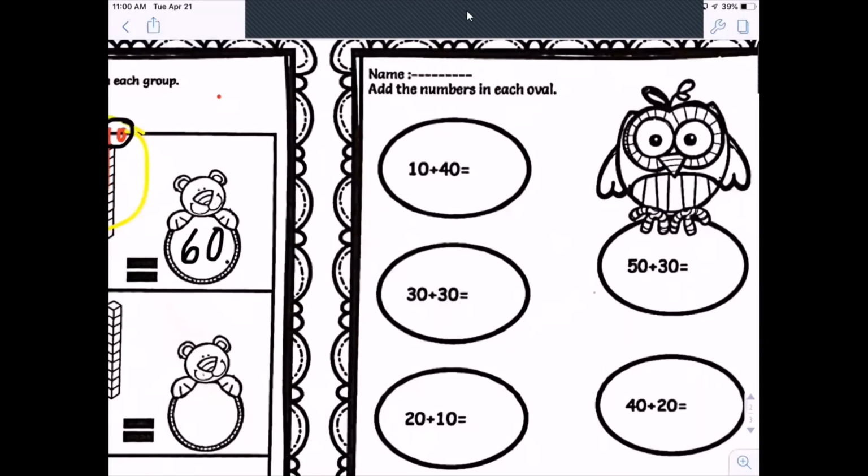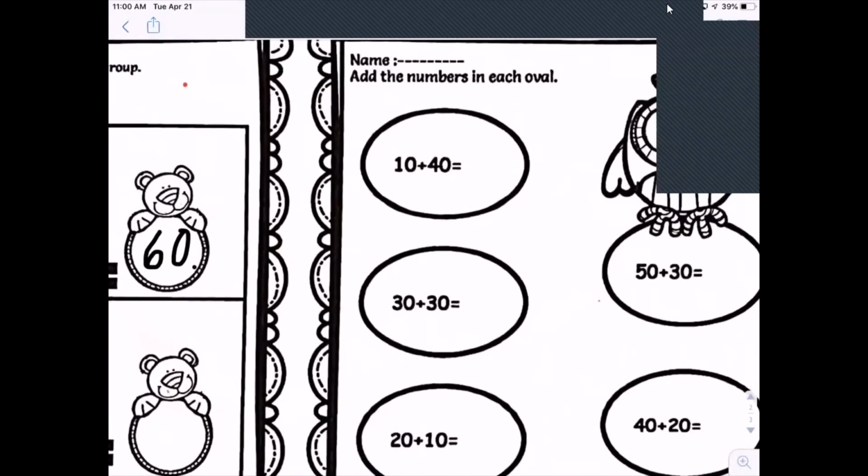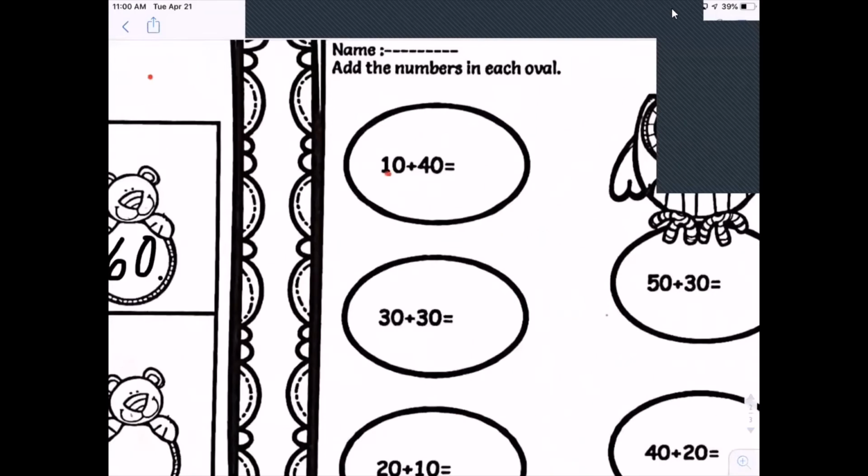Okay, so let's pay attention right here. How many groups of 1 do I have here? 1. So I make my group of 10 there. How many groups of 10 do I have here? 4. So I make 1, 2, 3, 4 groups of 10. If you want, you could make your little rod. That way you can see your groups of 10.